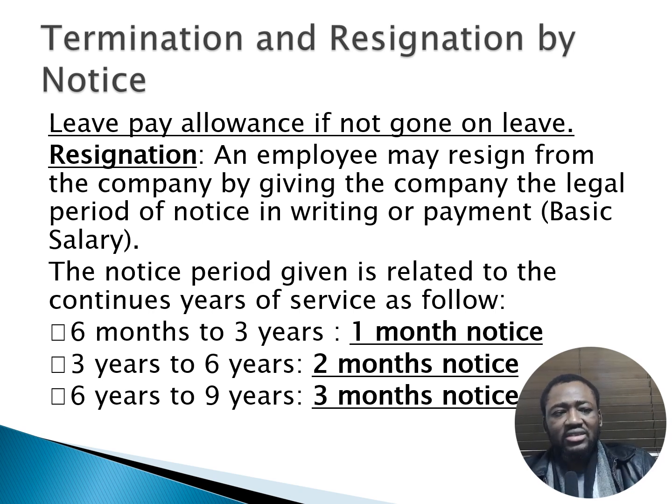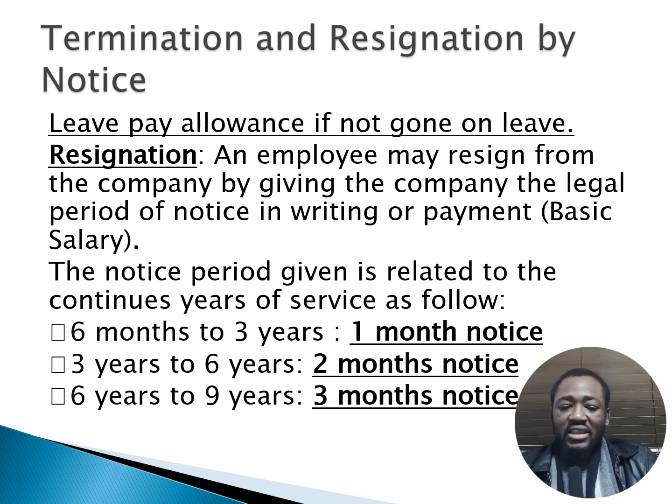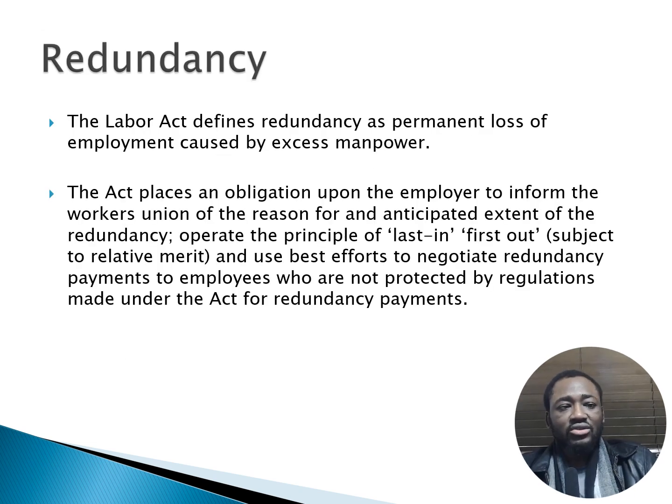Leave and allowance, these are the notice periods that people should give. So if 6 months to 3 years, a month's notice period. 3 years to 6 years, of course, 2 months, and then 6 years to 9, it would be 3 months. So redundancy defines redundancy as permanent loss of employment caused by excessive manpower.